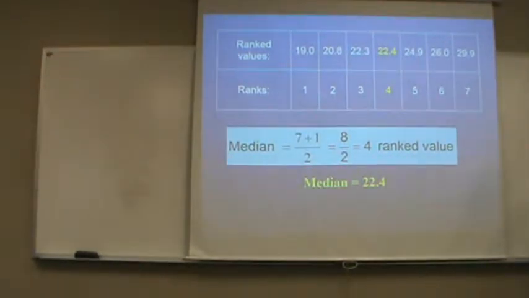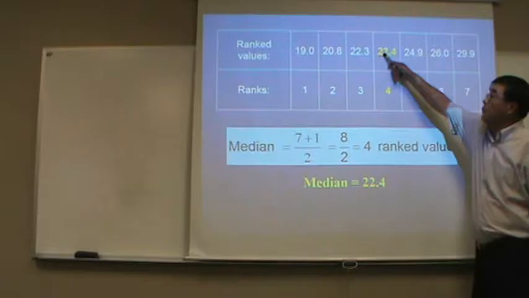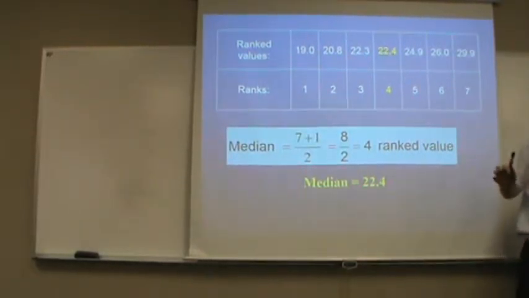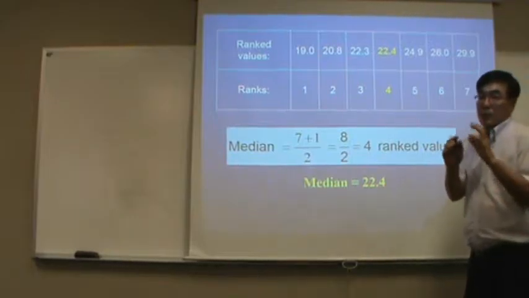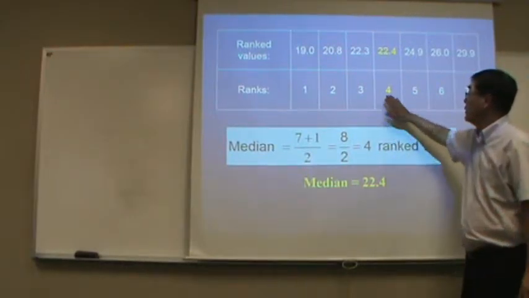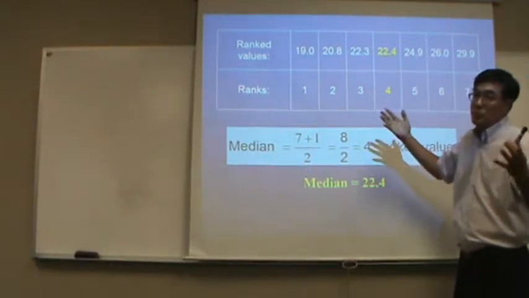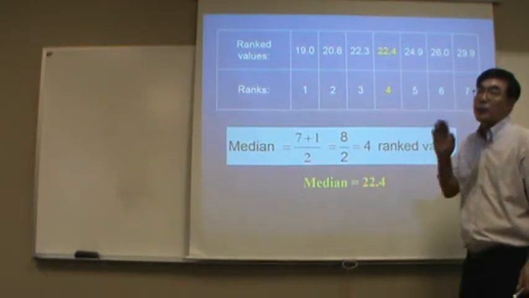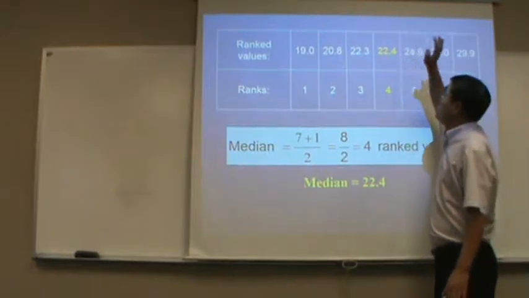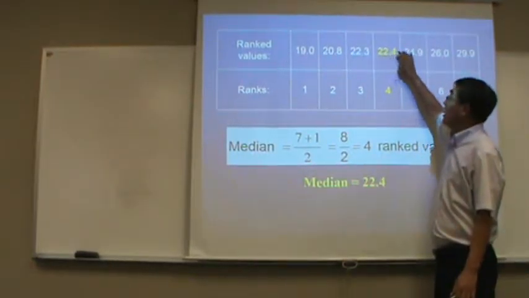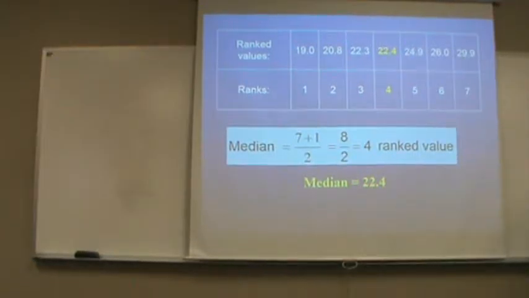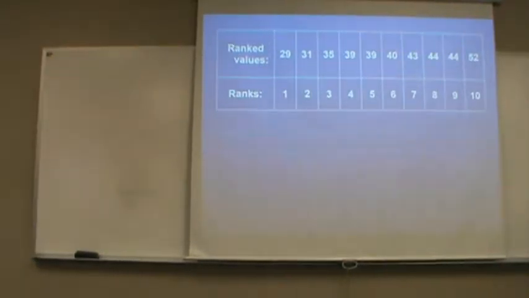So the median is 22.4, the fourth ranked value. When you take an exam or an assignment, some students write just the fourth ranked value, but that is wrong. You should denote this value. Okay, next rule.